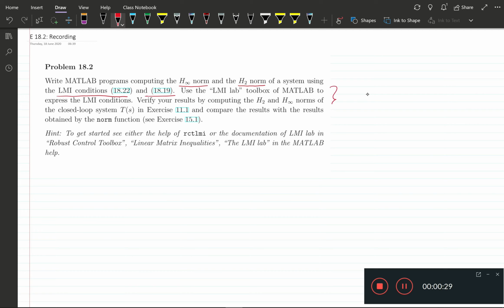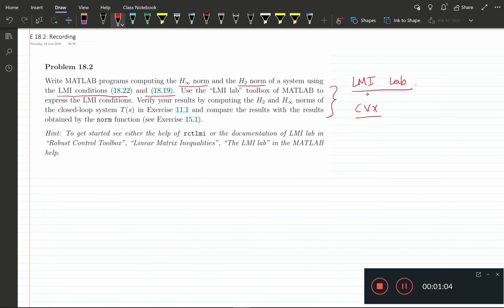So the task is to be completed using LMI Lab, and the code for this is already there, but I will consider using CVX. Both are basically linear matrix inequality parsers, and both of them eventually call the SDPT3 or SeDuMi optimizers to do the job, but I find the CVX parser much more user friendly.